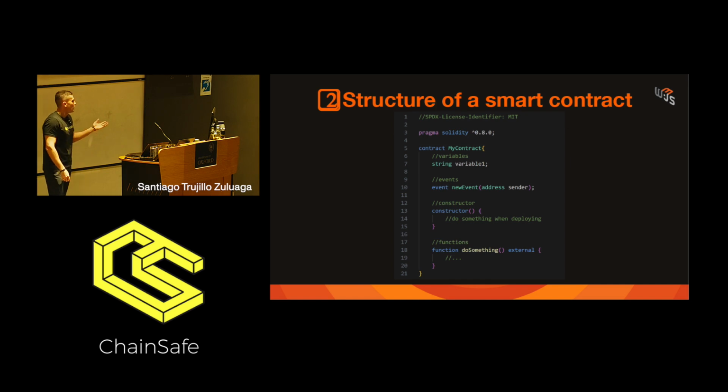Then after that, we have the keyword contract, and then we can put any name. In this case, I put MyContract. And then we have some specific things: the variables, the events, the constructor, and the functions. We are going to explore everything today except for the events, because I don't want to overwhelm you with a lot of information. My main goal today is to help you get started and be able to build something after this workshop.